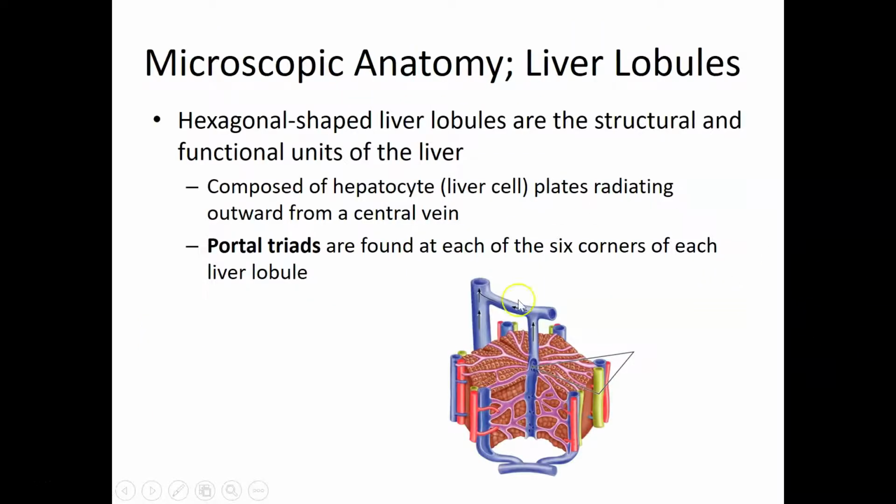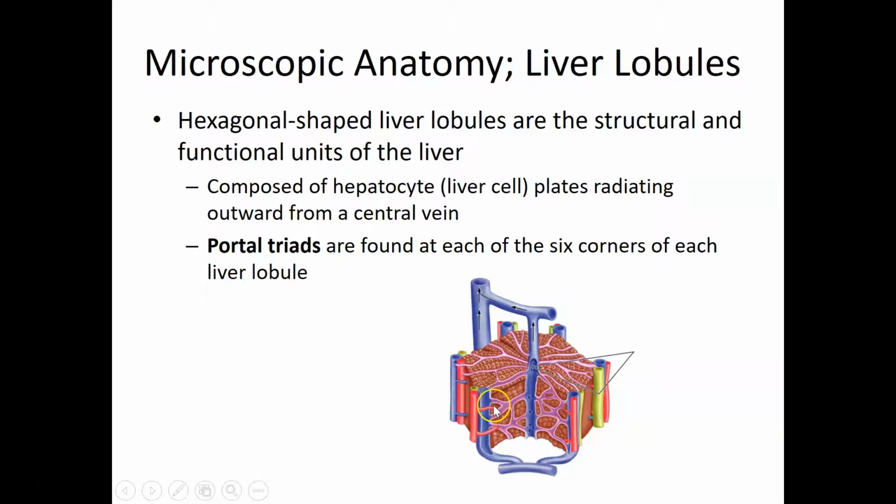All right, a little bit more about that now. This is a 3D representation of a lobule, and you can see it's a column here. At each of the 6 corners, you find the portal triad, which is made up of one bile duct, indicated in green, one hepatic arteriole carrying oxygen-rich blood, and one hepatic portal venule carrying nutrient-rich blood.